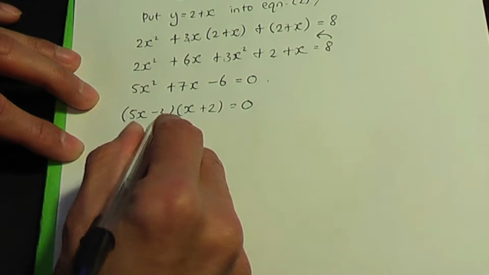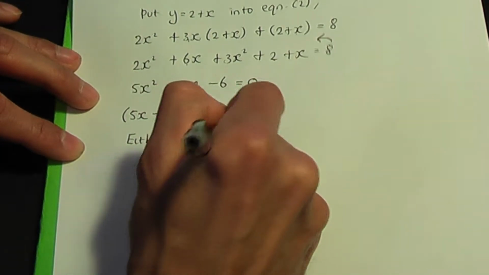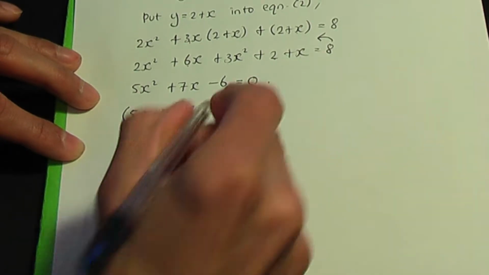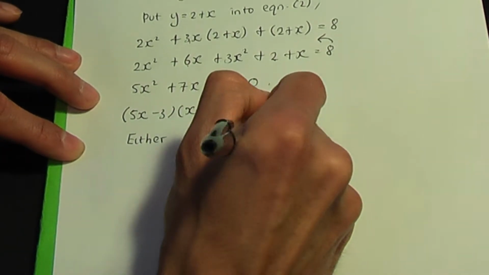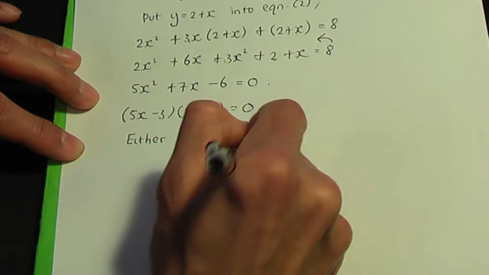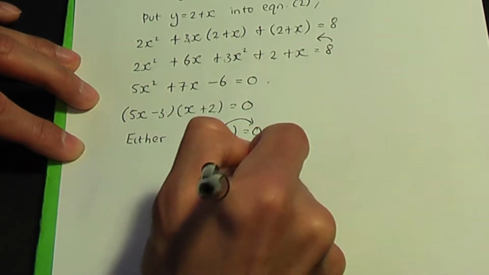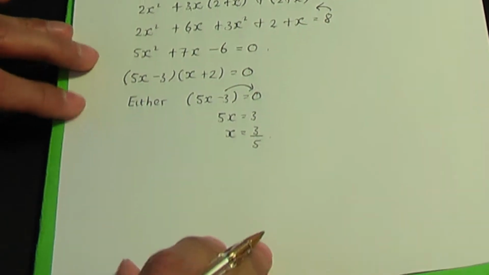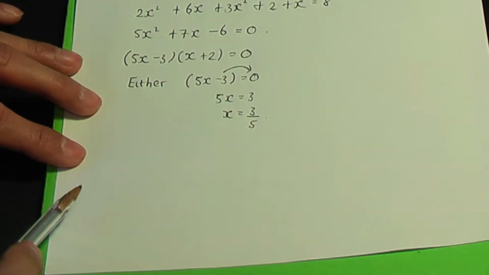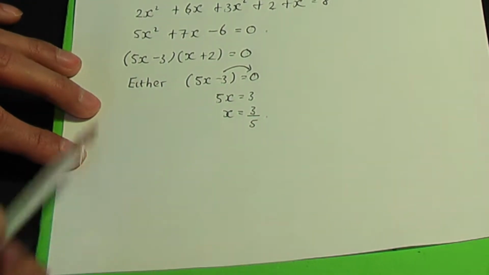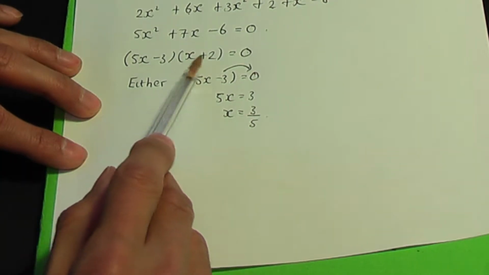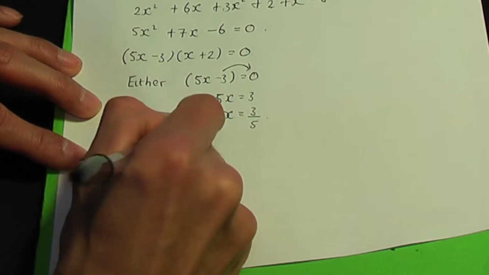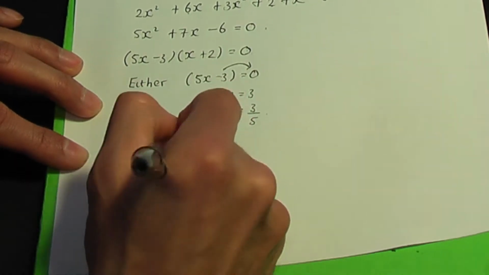So either 5x minus 3 is equal to 0, and if you rearrange from here on, taking the minus 3 to the right, 5x is equal to plus 3, x therefore is 3 over 5. So this is the first value of x for this equation. We have another value, so either 5x minus 3 is equal to 0 or x plus 2 is equal to 0.